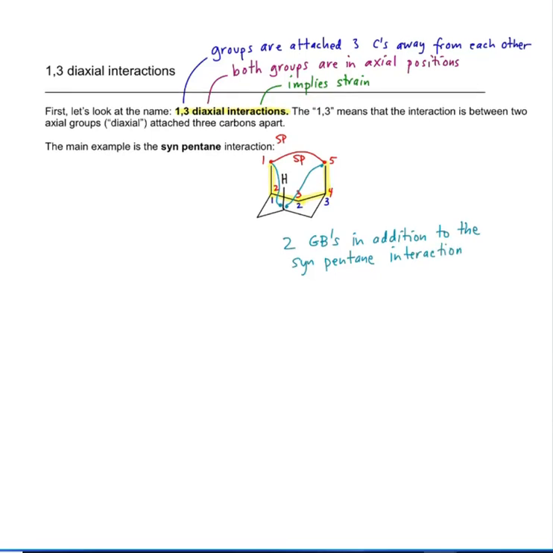A question that comes up a lot, so I'd like to address it here, is the following. I'm just redrawing the molecule from above. And the question here is, why is that not a gauche-butane interaction?